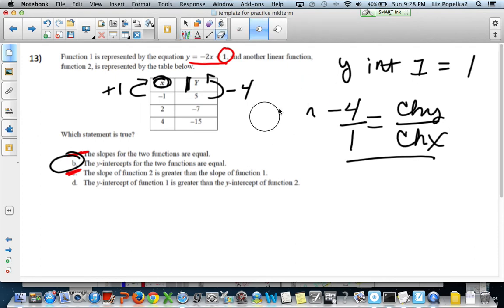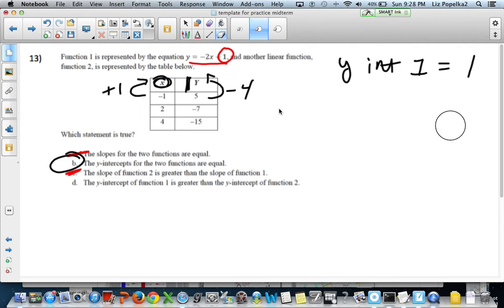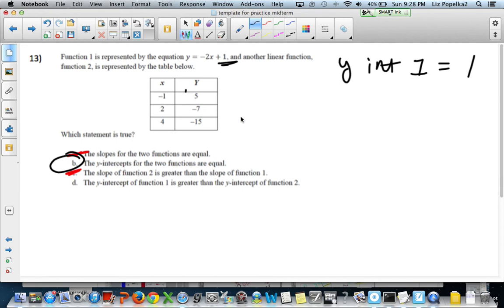Let me explain to you one more time, just to make sure. This is probably the hardest one on here because you got to know a lot of stuff. The y-intercept for the equation is 1. To figure out the y-intercept for the table, we had to figure out what our y would be if our x were a 0.